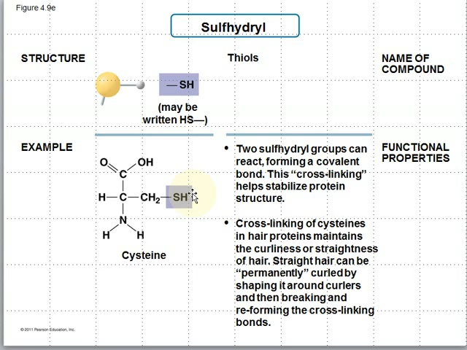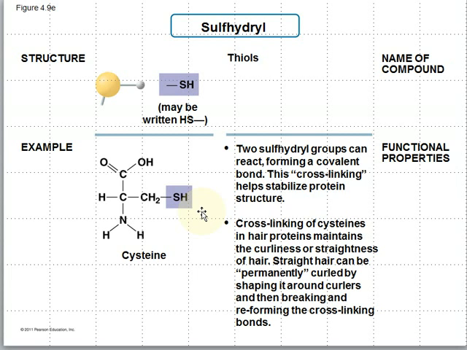So if you wanted to give yourself curly hair and you had straight hair, you wrap your hair around curlers or put it in the shape that you want it, and then you douse it with a certain chemical that actually breaks these cross linkages, and then you use a different chemical, or you allow the first one to be rinsed out, and then those cross linkages reform. Now your hair is kind of in the curly shape or the state that you want it.